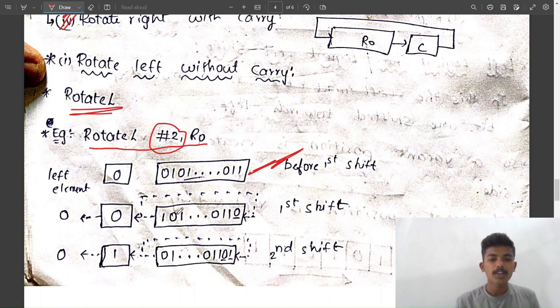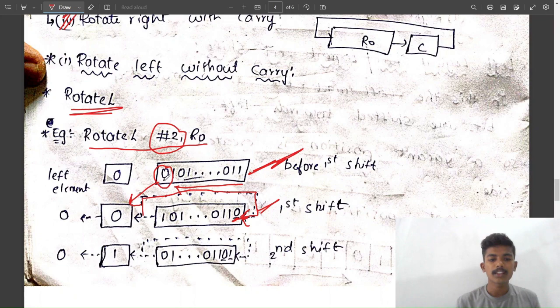After performing the first shift, this 0 will be shifted towards the left, and all the data in this are also shifted towards the left. After the first shift, this one is obtained, and the vacancy is created here, and the vacancy is filled with the bit we are shifting out.